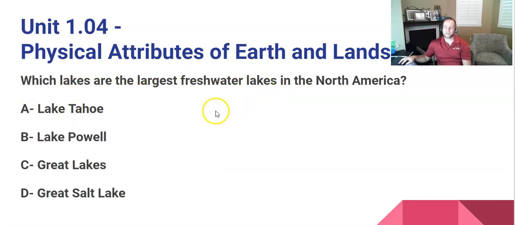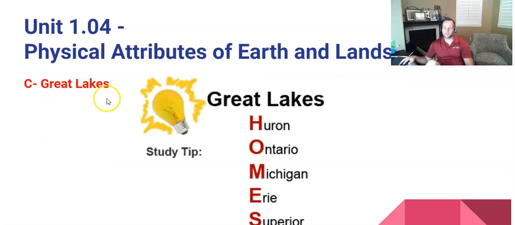Lake Tahoe is a man-made lake. Lake Powell is also a man-made lake. The Great Lakes are not man-made lakes, and the Great Salt Lake is, as we know, a salty lake, so that does not affect it. So basically the answer is the Great Lakes.